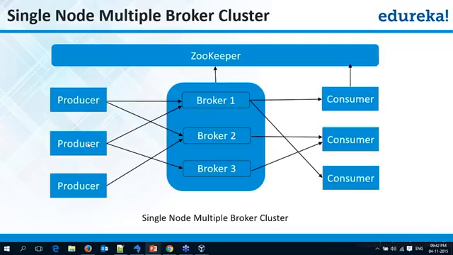The first point of contact is zookeeper, because the brokers have shared the topic information and the topic state in the zookeeper. The consumer interacts with the zookeeper to get the state of that particular topic, and thereafter it reaches the brokers to fetch the messages. It pulls the messages from the brokers or the cluster.